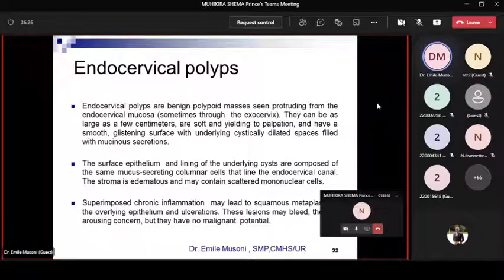Endocervical polyps are benign tumors. They are also protruding masses on the endocervical mucosa, and they are very, very common. In our settings, we see several cases of endocervical polyp. They are benign tumors, about a few centimeters, maybe 1 or 2 centimeters.